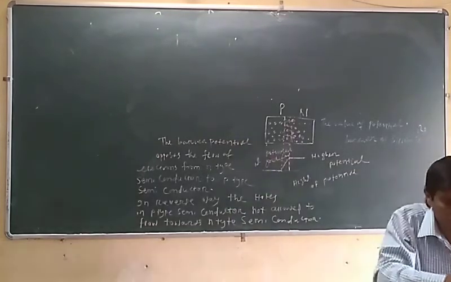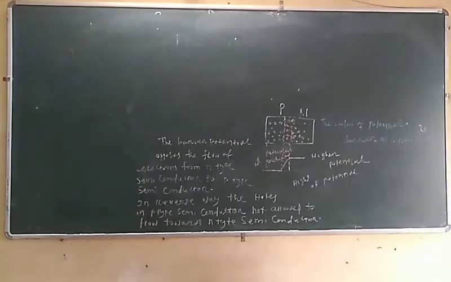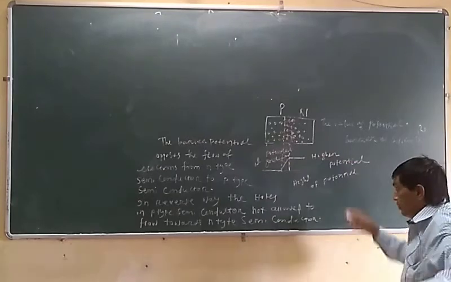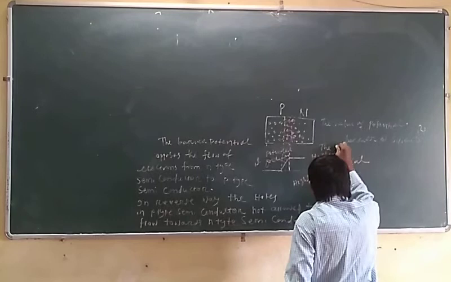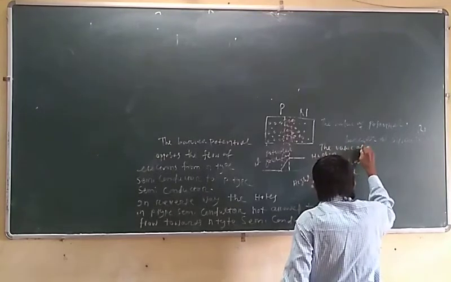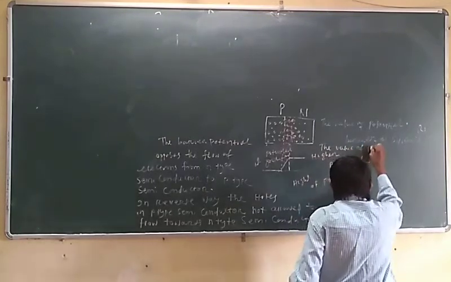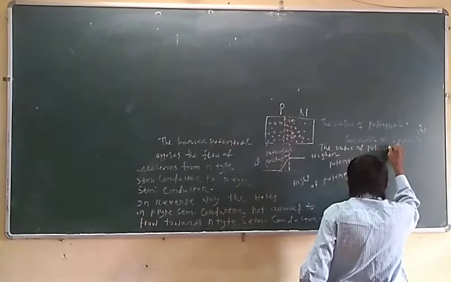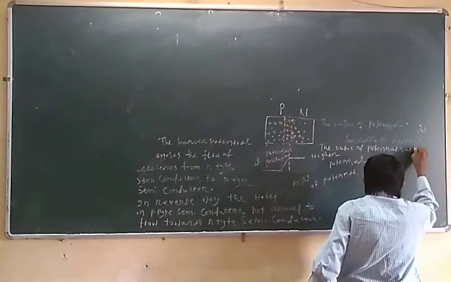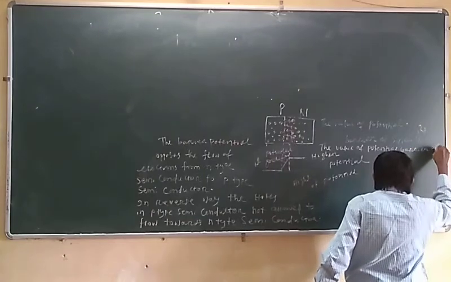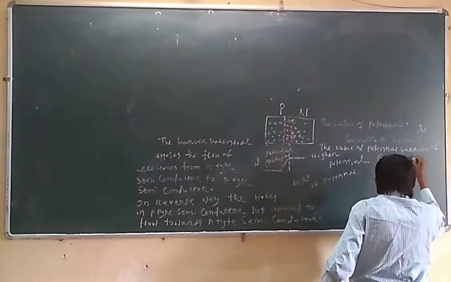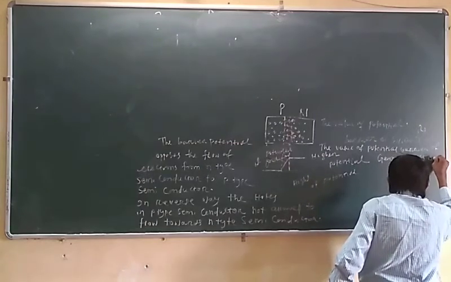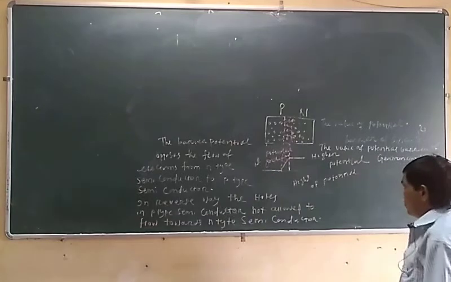This is the experimental value. And the value of the potential barrier of germanium is 0.3 volt. It is also an experimental value.